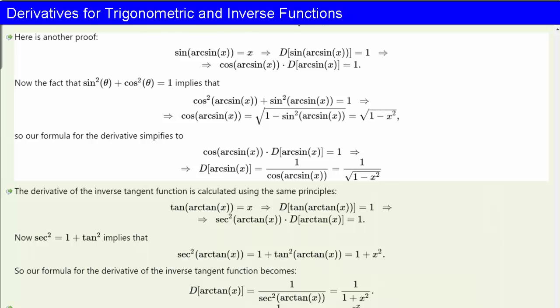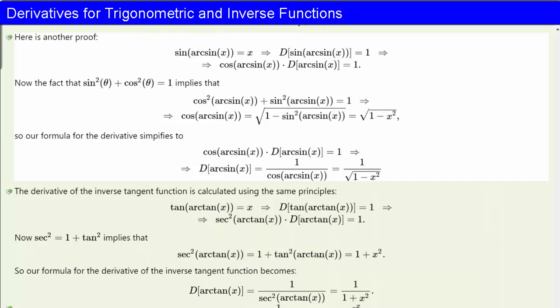Now you can differentiate the sine, you get cosine of arcsine x times d arcsine x, using the chain rule, is identically 1. And the fact that sine squared theta plus cos squared theta equals 1 implies that cos squared of arcsine x plus sine squared of arcsine x is 1, which in turn implies that the cosine of arcsine x in this particular range is the positive square root of 1 minus sine squared arcsine x.